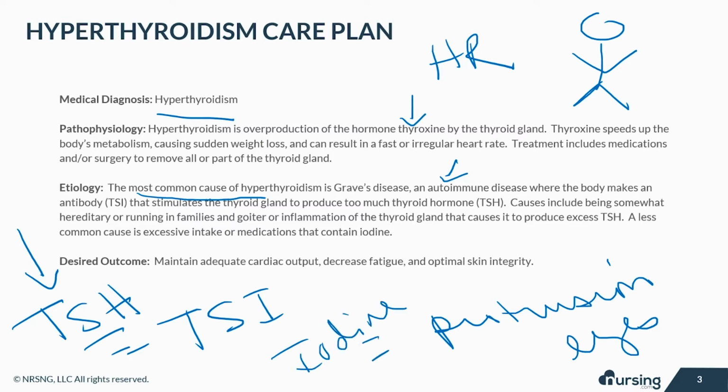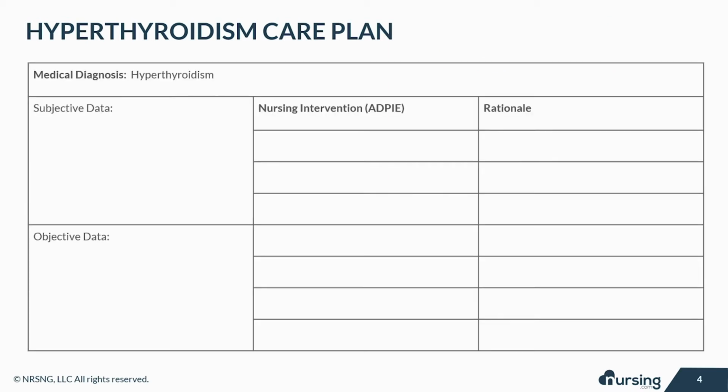The desired outcome is going to be to maintain adequate cardiac output, decrease fatigue, and maintain optimal skin integrity. So let's take a look at some of the subjective and objective data that your patient with hyperthyroidism may present with.